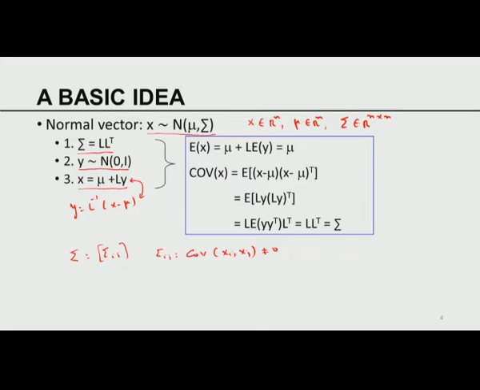But when the covariance matrix is I, the off-diagonal elements are 0. So y is a Gaussian random vector whose components are uncorrelated. x is a Gaussian random vector whose components are correlated. So 3 gives you a transformation from a correlated random vector to an uncorrelated random vector, or from an uncorrelated random vector to a correlated random vector. The transformation from x to y is called the whitening transformation.